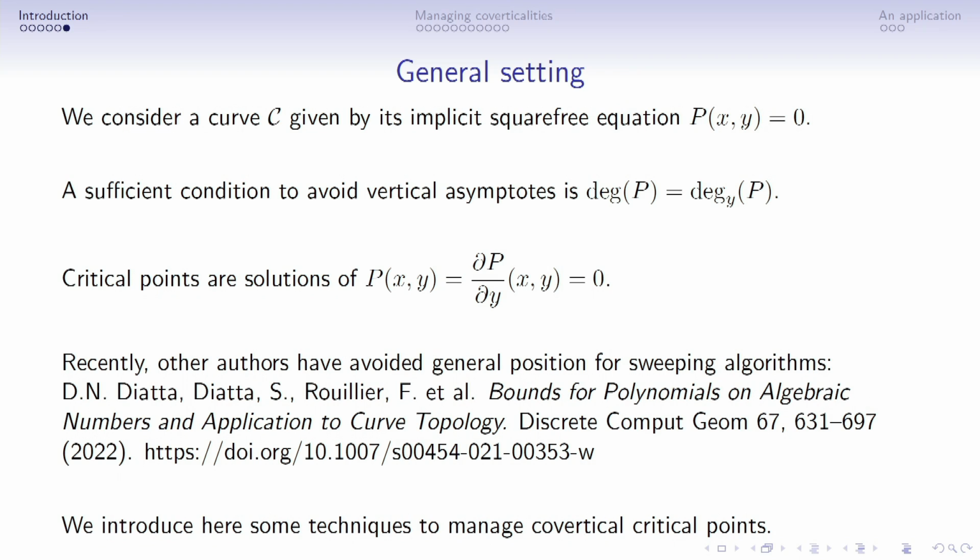So what we want is, let's now consider a curve whose implicit equation is given by a polynomial p.